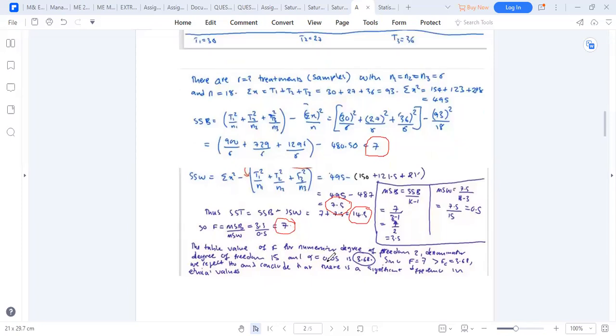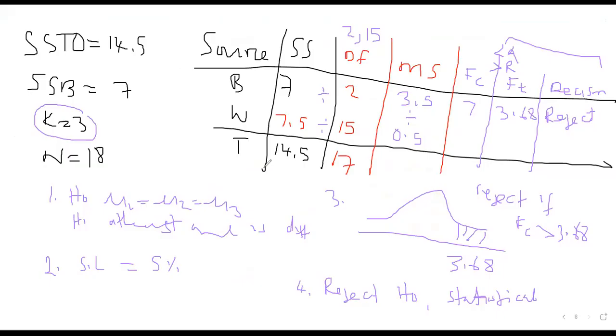He needed to show you where the 3.68 comes from, which I've shown you. Since F calculated, 7, is greater than 3.68, we reject H0 and conclude that there's a statistical difference. I've done this in a very systematic manner that you're able to follow and enjoy. So please take your time to go through this.